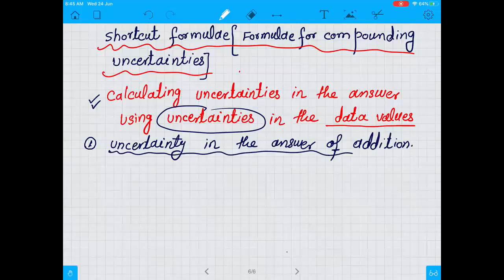From tomorrow we'll start from this point, and we have to make a formula for uncertainty in the answer of addition in terms of the uncertainties in the individual data values.